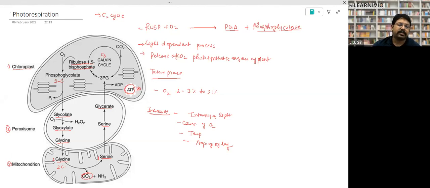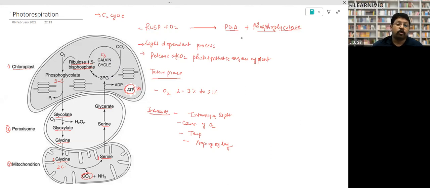Now look, in Calvin cycle, the carbon dioxide reacts with RuBP. Here RuBP will react with O2, and it will make 2 compounds, right? It will make PGA and phosphoglycolate. By the way, 2 molecules of PGA should be formed.